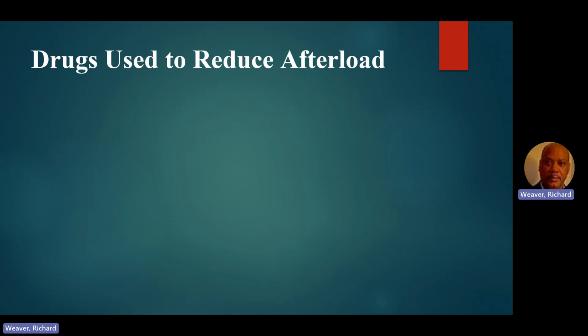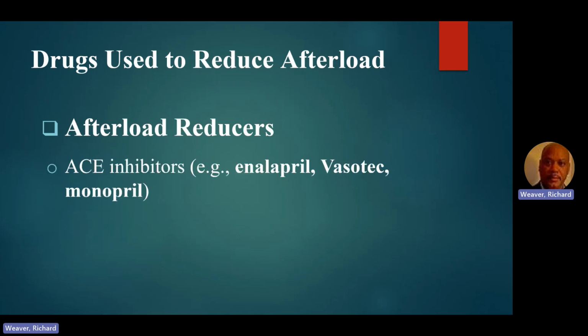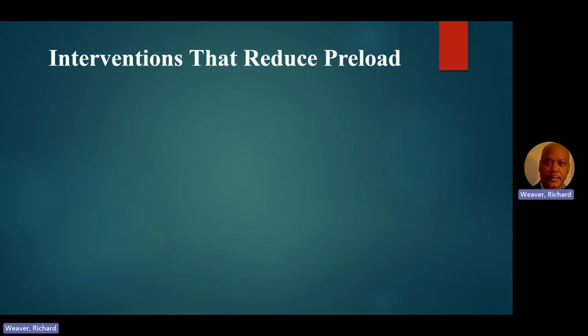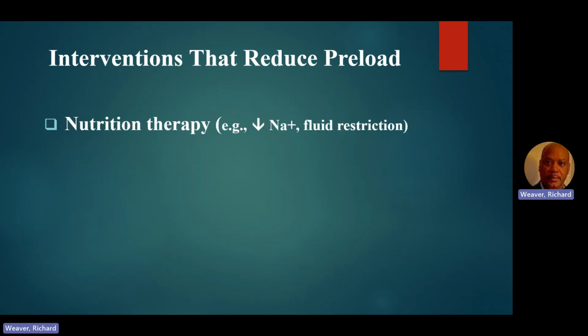As far as afterload reducers, we've talked about quite a bit of this already. So just take a look at some of my notes regarding afterload reducers, such as ACE inhibitors, also ARBs. All right. We want to reduce the preload that I talked about. Nutritional therapies such as low sodium and fluid restriction will also be important.